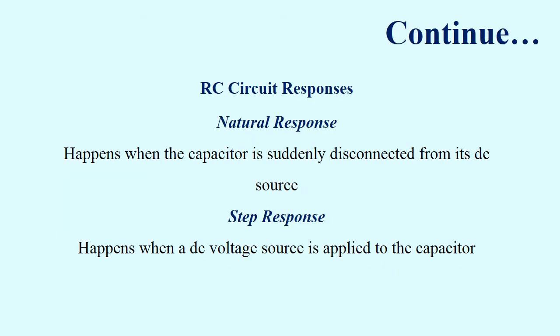Now, if we talk about the first order time responses of the RC circuit, then there are basically two responses: natural response and the step response. Natural response happens when the capacitor is suddenly disconnected from its DC source, and the step response happens when a DC voltage source is suddenly applied to the capacitor.